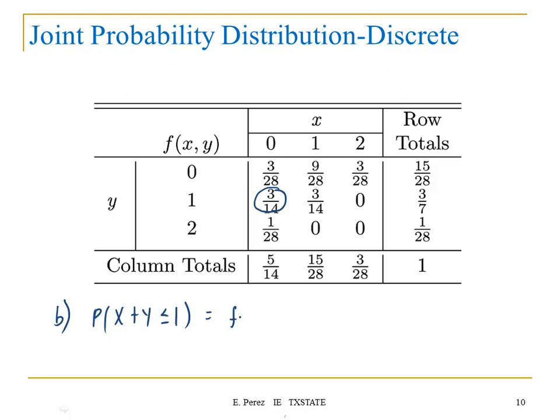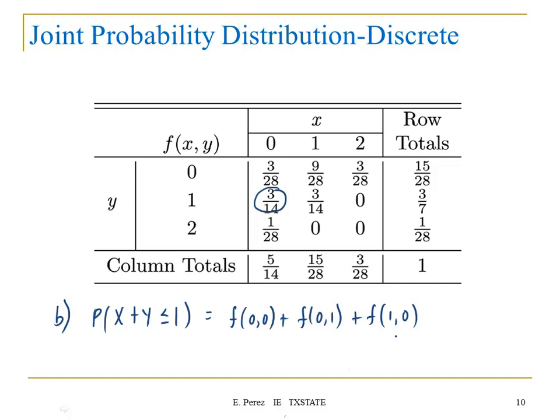Remember, X and Y are the values of the random variables. So we have f of 0, 0, f of 0, 1, and f of 1, 0. Those are the only cases in which you can have X plus Y less than or equal to 1.